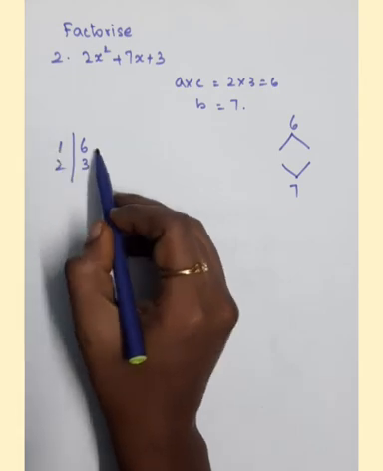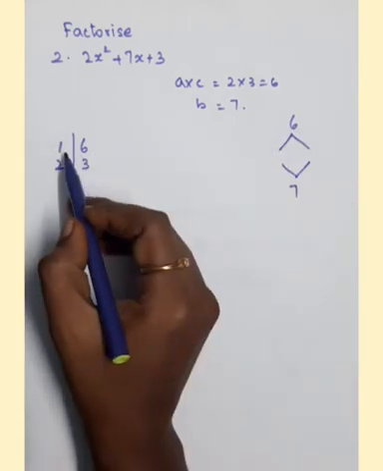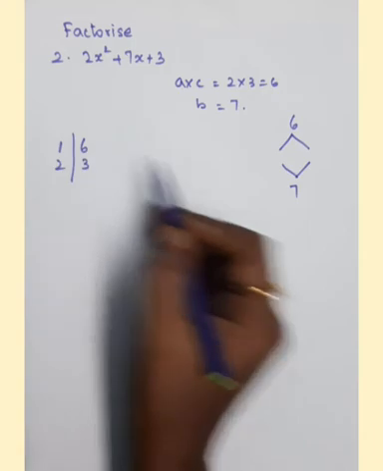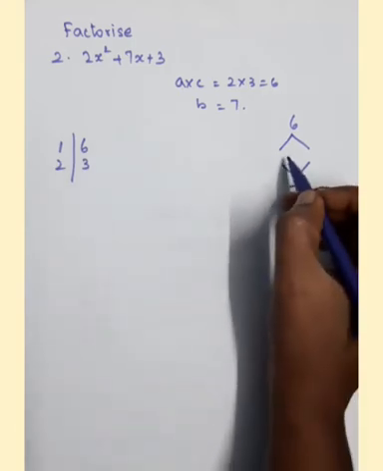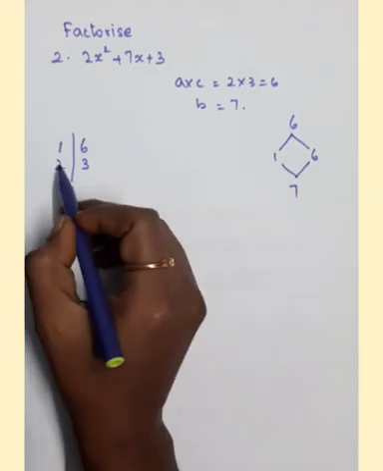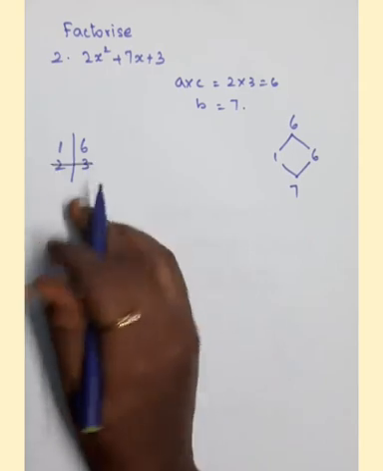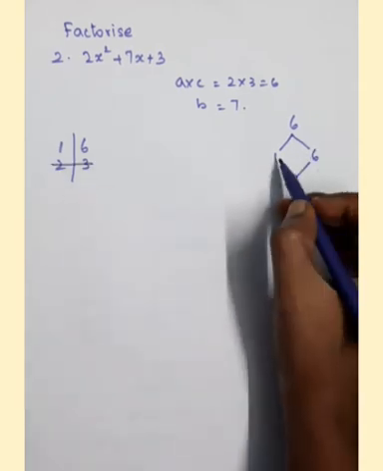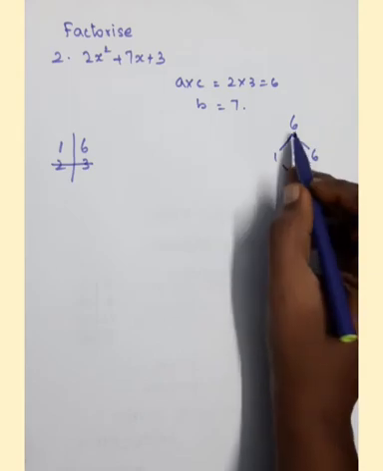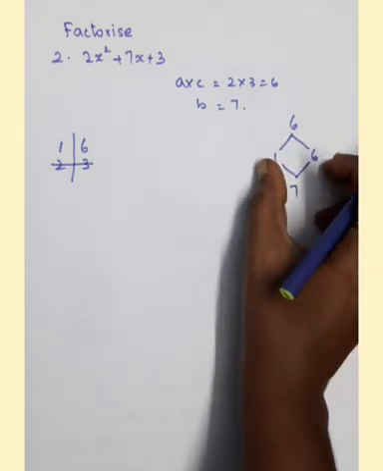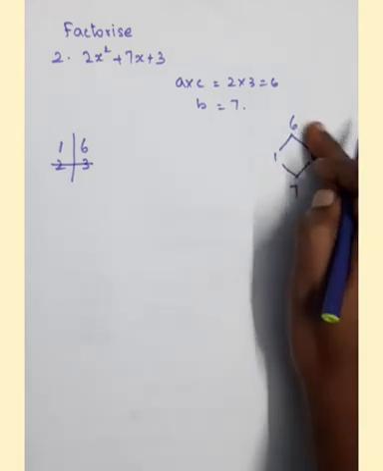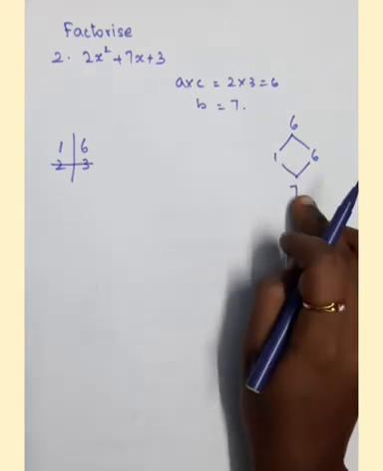So 1 into 6 will give you 6 and 1 plus 6 will give you 7. For 2, 3, if you add you will get only 5, so we cannot use this factor. So 1 and 6 are the factors of 6. If you multiply 1 and 6 you will get 6, and if you add them you will get 7.